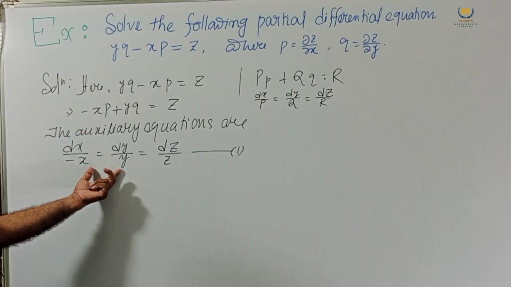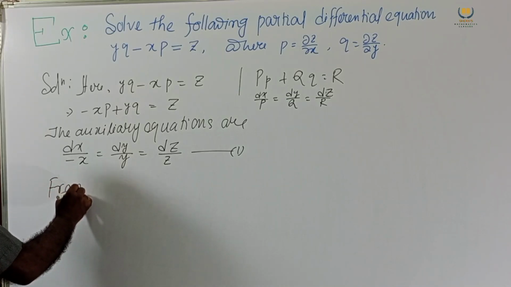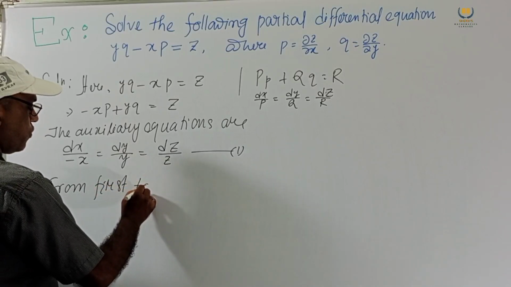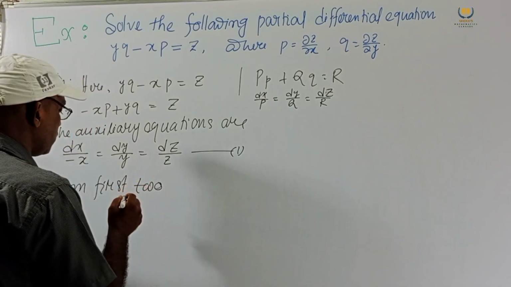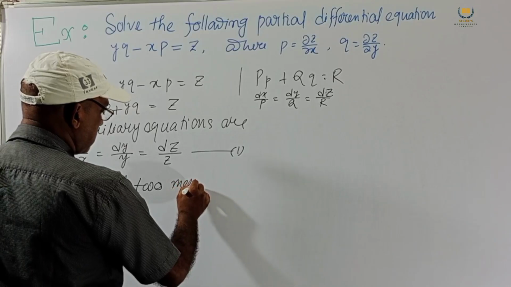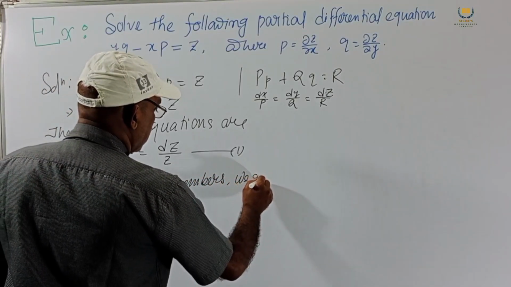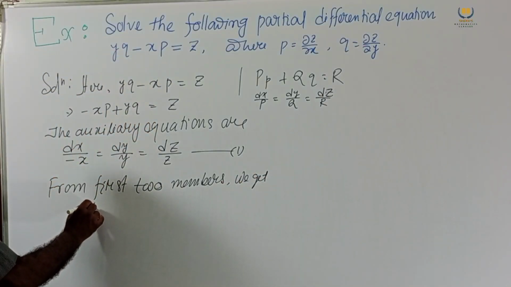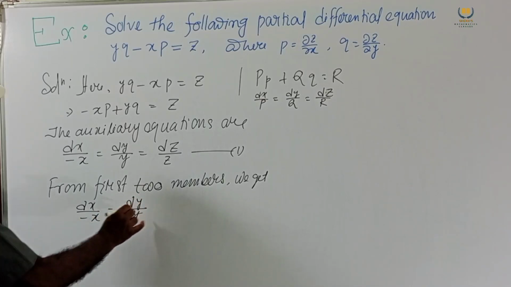Now we are taking the first two members: dx/(−x) = dy/y.